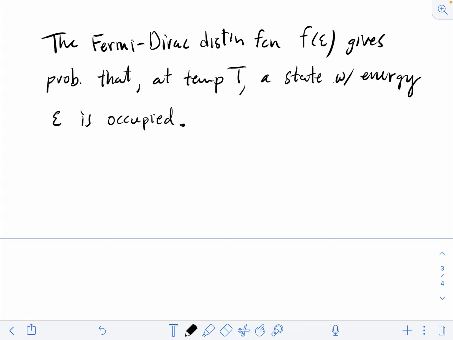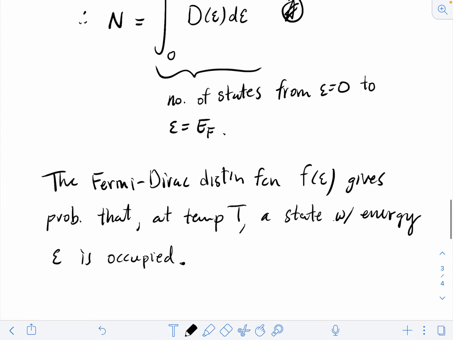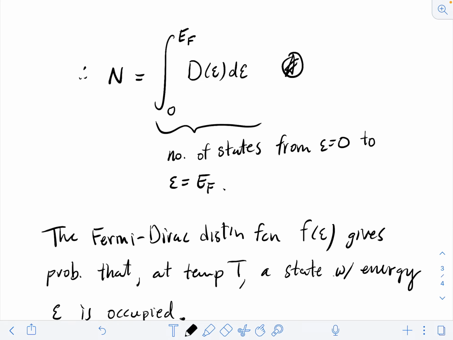All right. So then what we could do is modify this expression star a little bit. This expression was the density of states integrated from 0 up to the Fermi energy.